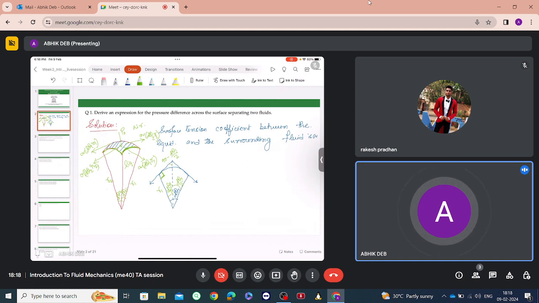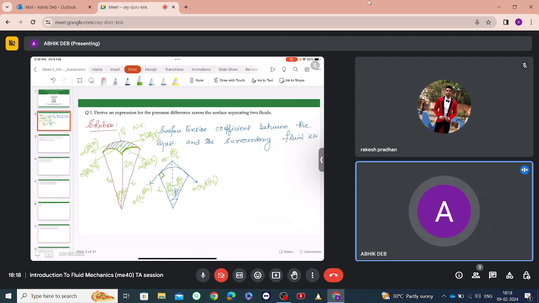Now if we draw the forces here, it will be sigma r2 d theta 2 and sigma r2 d theta 2.